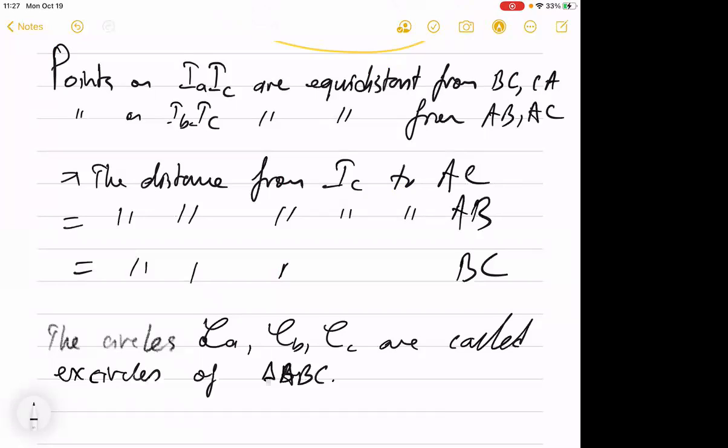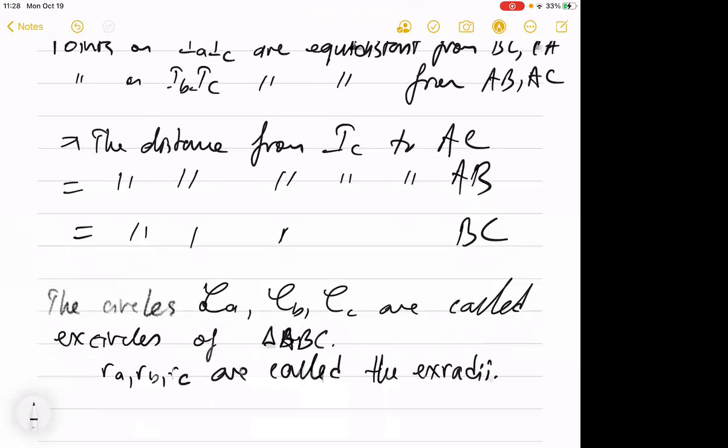And RA, RB, RC are called X radii. Radii is the plural of radius.